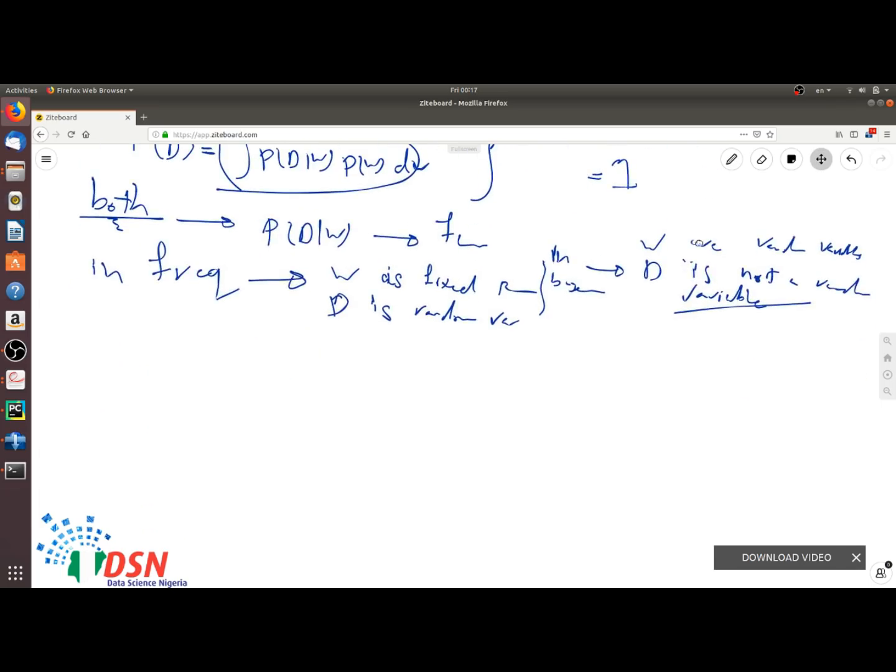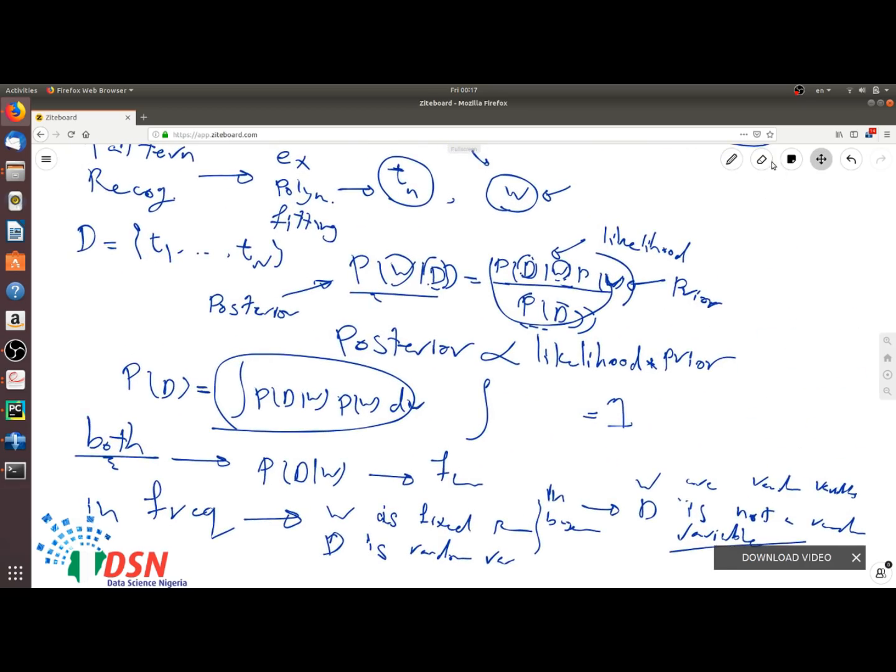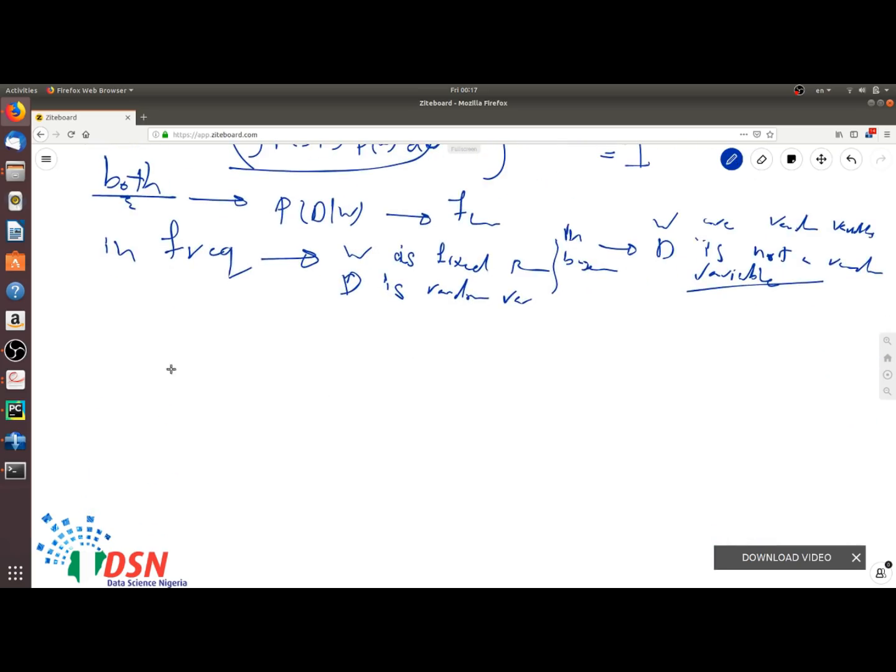Now, what is the advantage of the Bayesian approach? One advantage is that if we look at this equation, we can see that we include the prior. The inclusion of a prior sometimes helps us. For example, let's say you toss a coin and you see that in 3 times it has head.